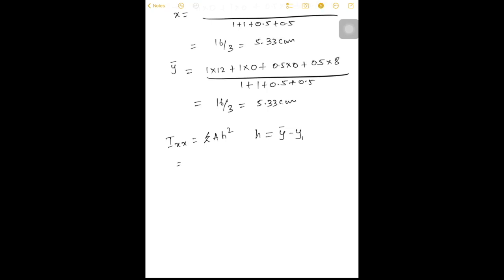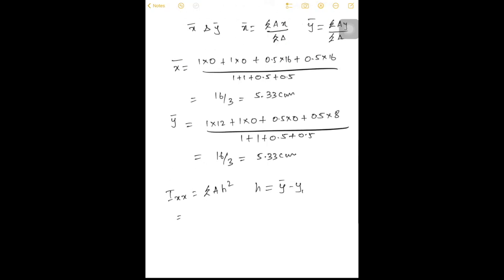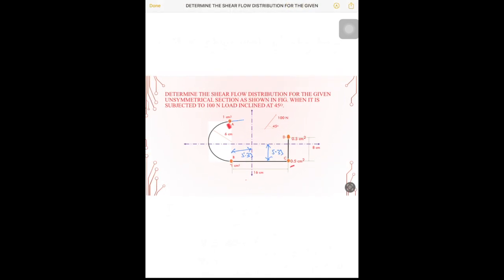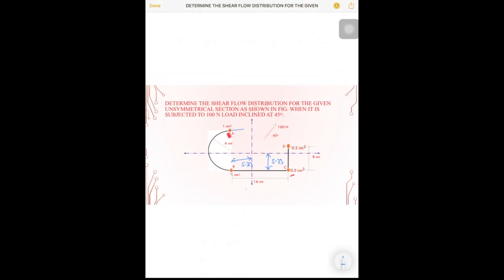So for boom A, the area is 1 and the distance is from this point to this point, that is 12 minus 5.33.